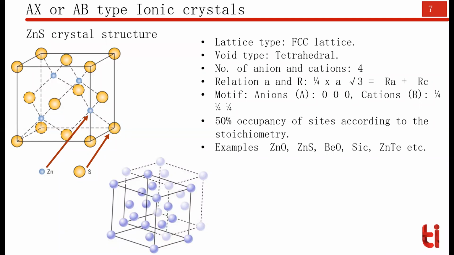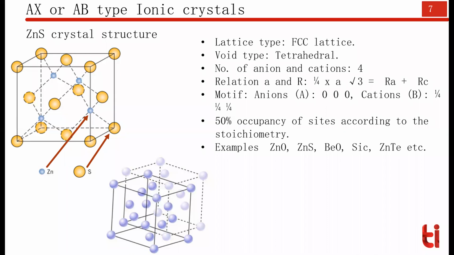So lattice is basically imaginary and bases are the real points. So the basis points that are being occupied by the atom are called the motif. Motif is basically the position where an atom is there at the lattice site.